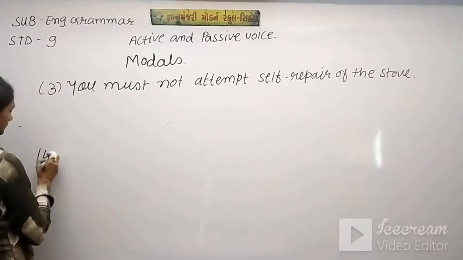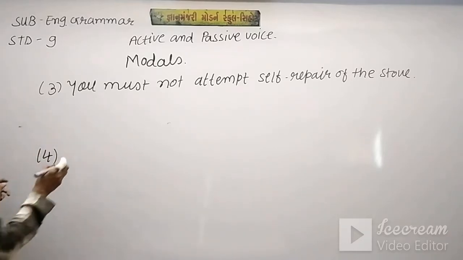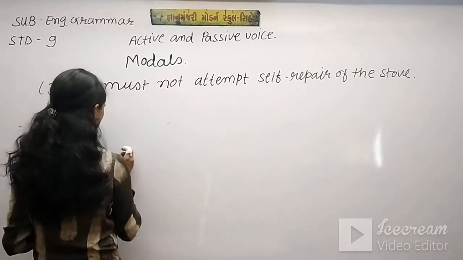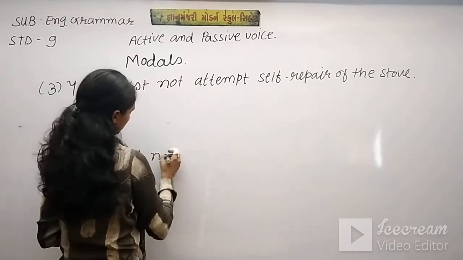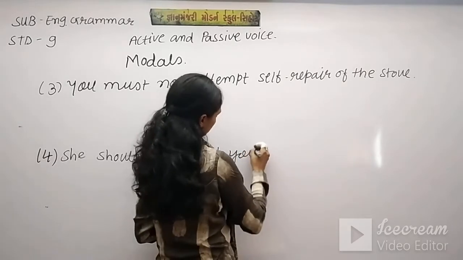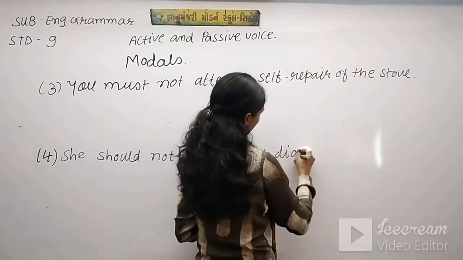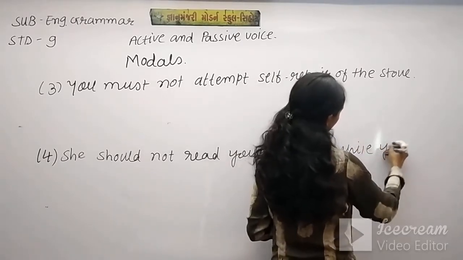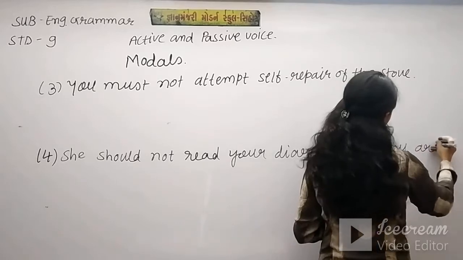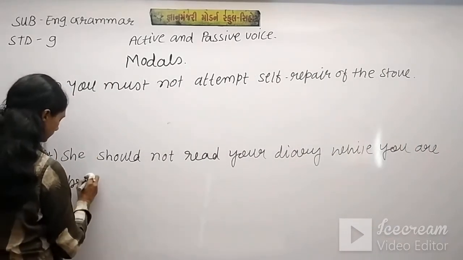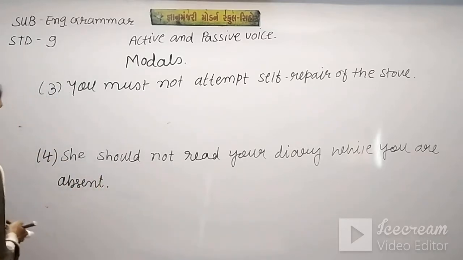Number 4 is she should not read your diary while you are absent. So these two will change.